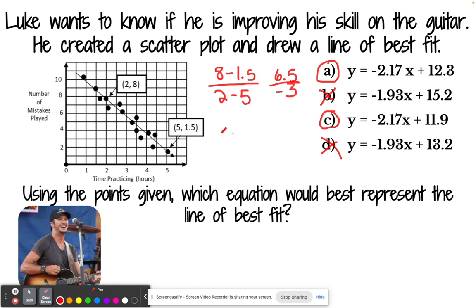So 8 is going to be my y. Y minus 8 equals, use my slope of negative 2.17. I could have kept it as a fraction. 2.17 times x minus 2.